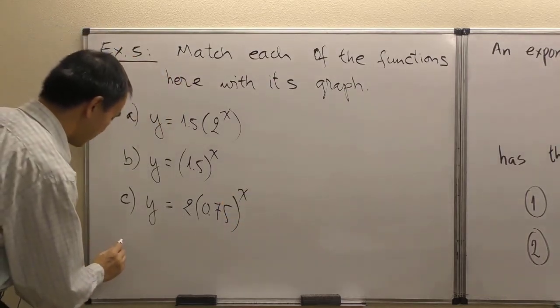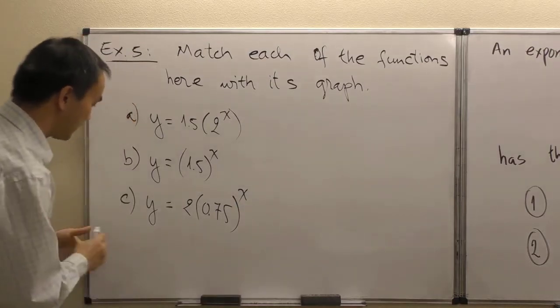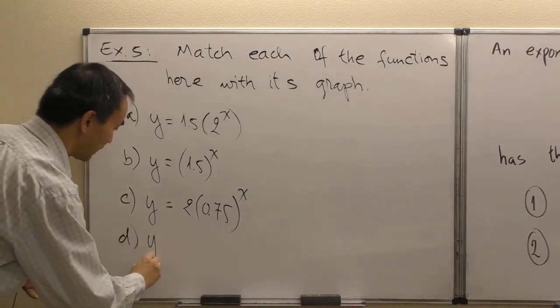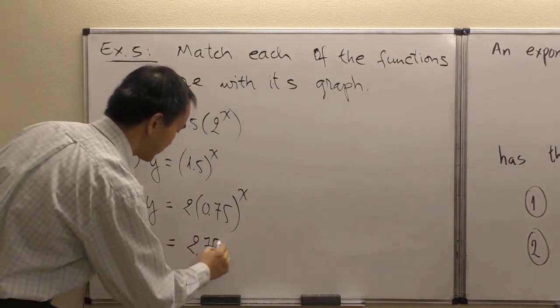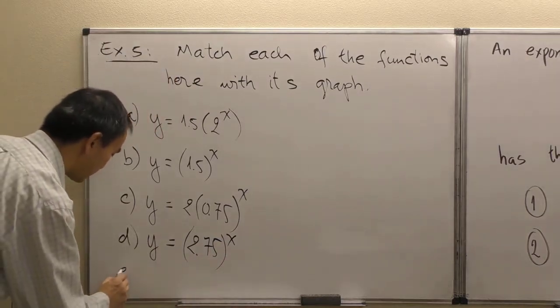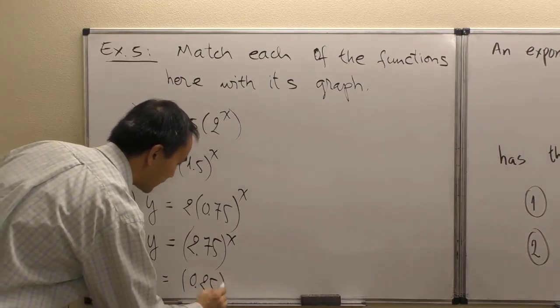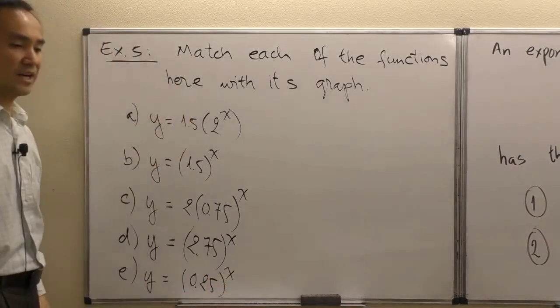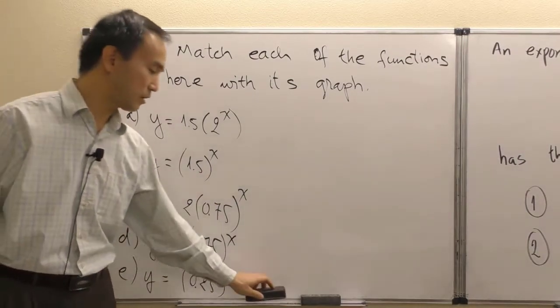For D I have y equals 2.75 to the x. And the last one on my list, for E, is y equals 0.25 to the x. So that's all the list is.